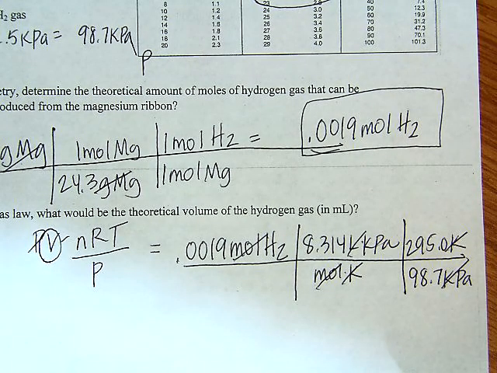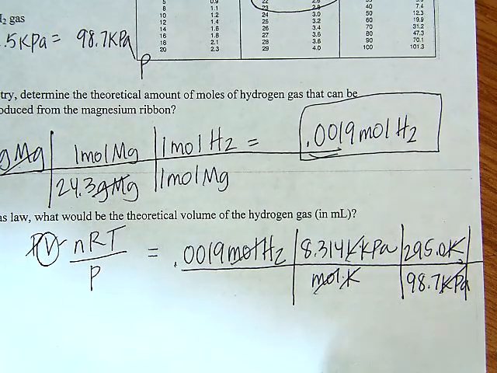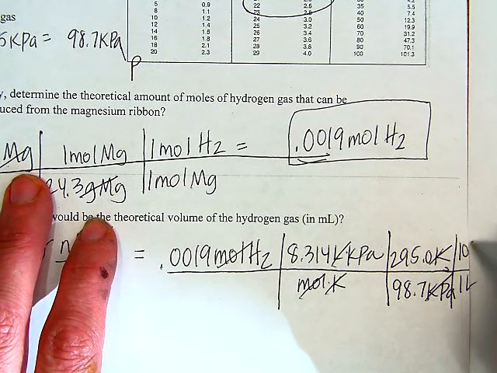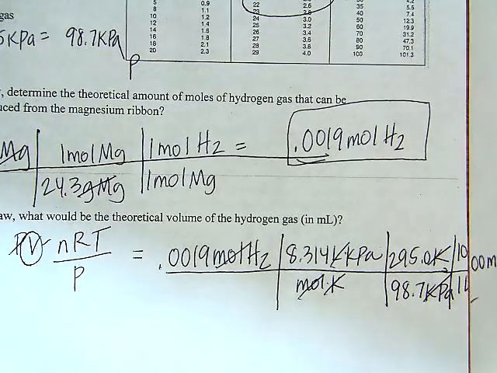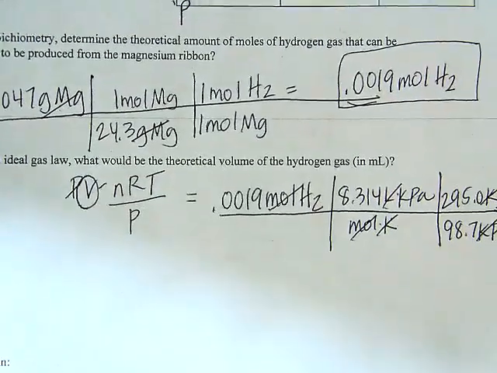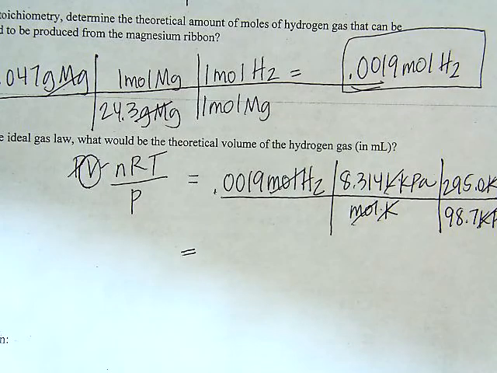We need to be in milliliters, so I'm going to multiply that by 1,000. For every 1 liter, there are 1,000 milliliters. And I'm going to get my value. According to my calculations, my answer is, what is it?